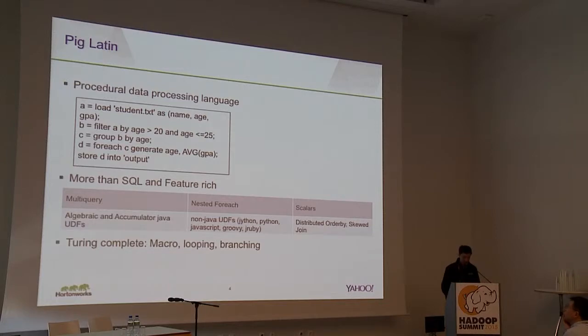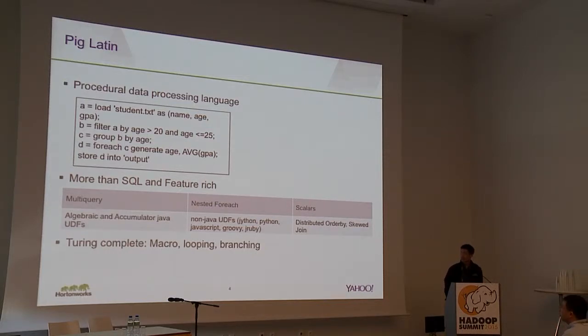And let me spend one slide to talk about what is Pig. Pig is a data processing language. It is SQL-like, but there are some differences. Pig is a procedural language, so it processes data step by step. Here is one example of a Pig script.